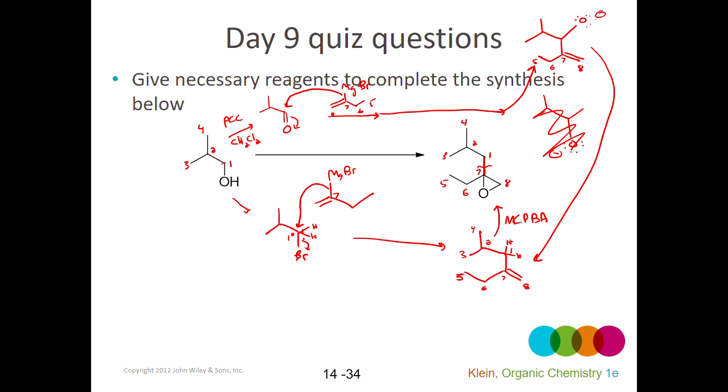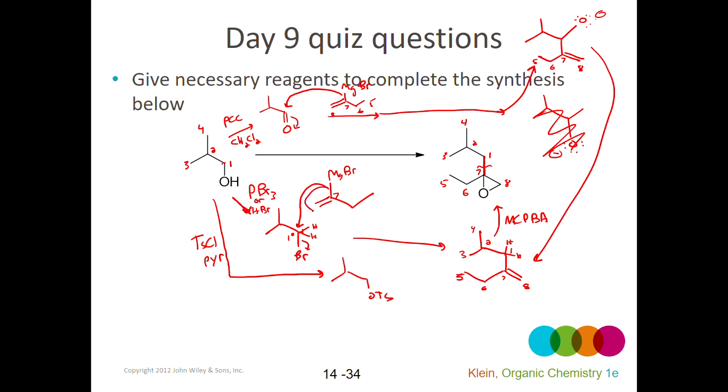But how do I get the OH converted to a Br? Right, there's a couple different options for that. One would be to use PBr3, or I could use HBr, or I don't have to make it into a Br. I could use tosyl chloride with pyridine and make it into a tosylate leaving group.